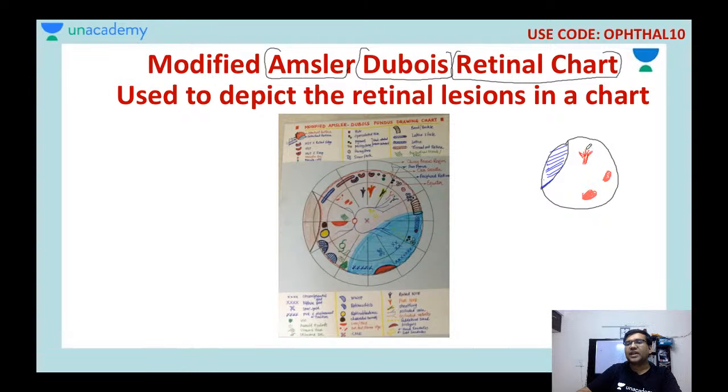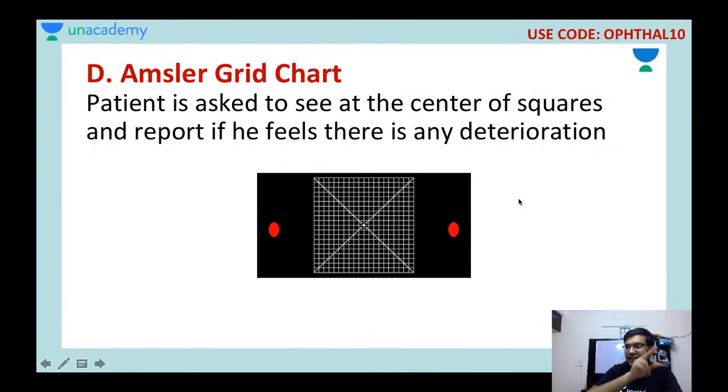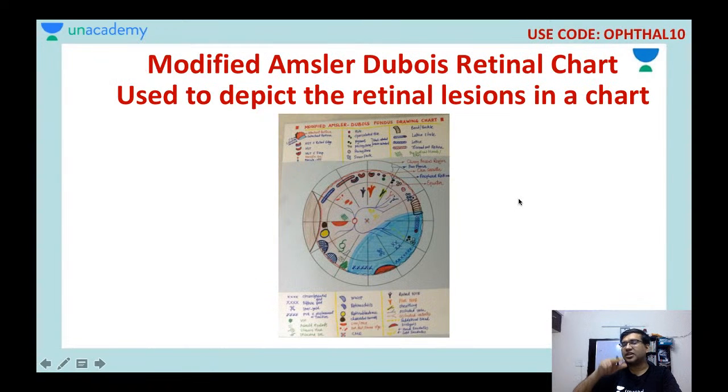In this way, all the lesions are depicted in a chart. It is also called the Amsler chart, but the full name is Amsler Dubois retinal chart. So remember, that one is a grid and this is the Amsler Dubois retinal chart. Both of them are totally different. Do not confuse them.